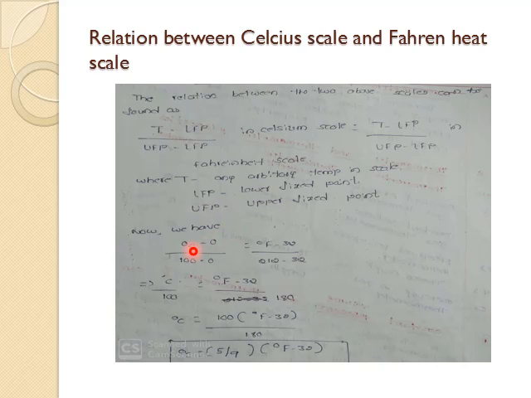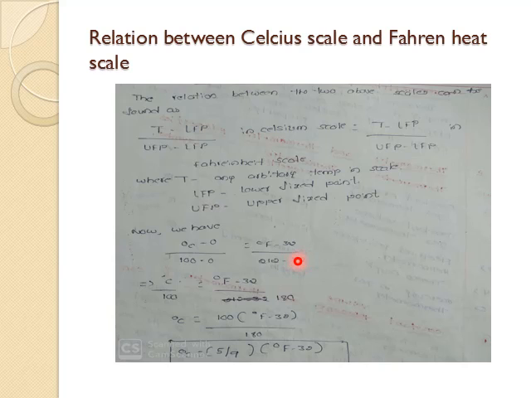This is equal to T in degree Fahrenheit minus the lower fixed point, which means the freezing point of water in the Fahrenheit scale, 32 Fahrenheit. The upper fixed point, the boiling point of water in the Fahrenheit scale, is 212 Fahrenheit, minus again the lower fixed point 32.